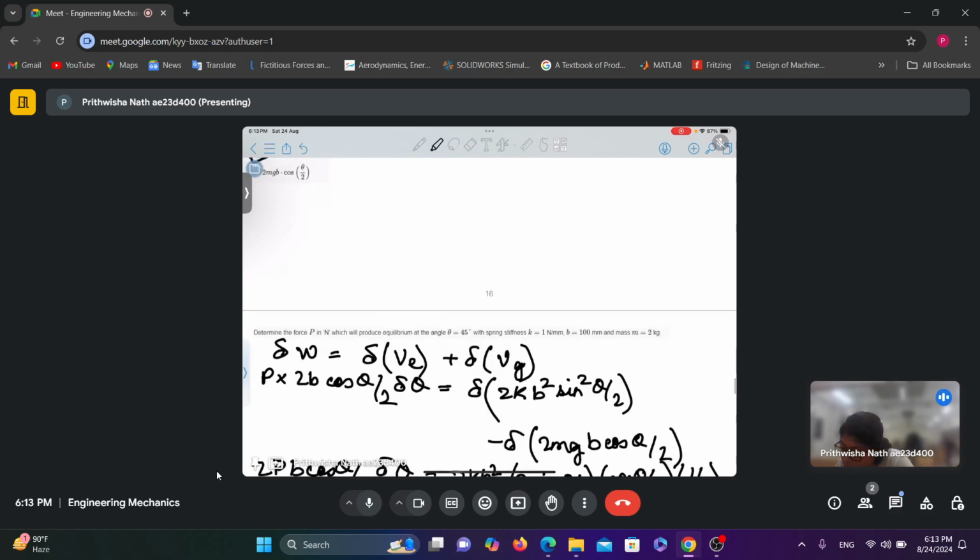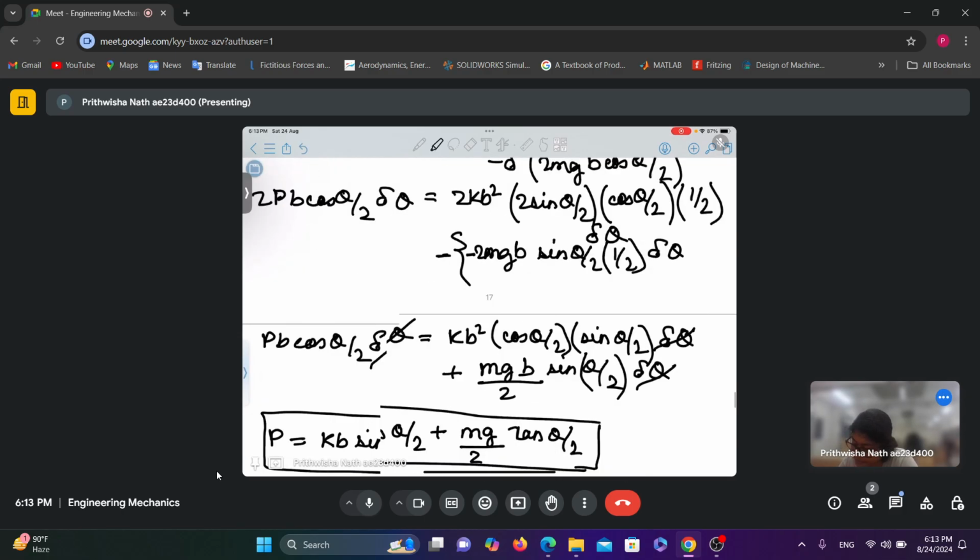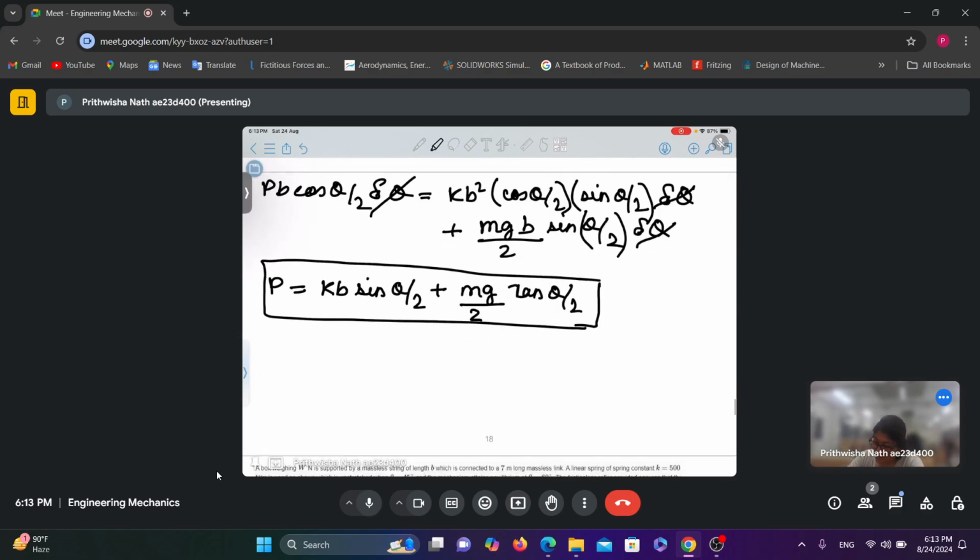K is given as 1 Newton per millimeter. Theta is 45 degree. b equals to 100 millimeter and m equal to 2 kgs.